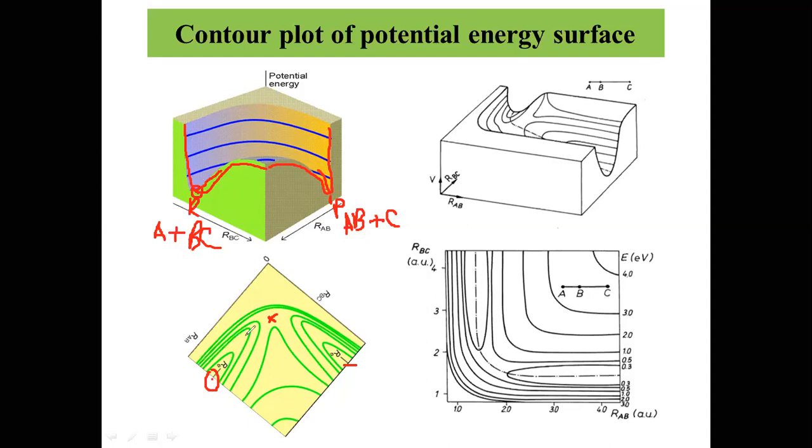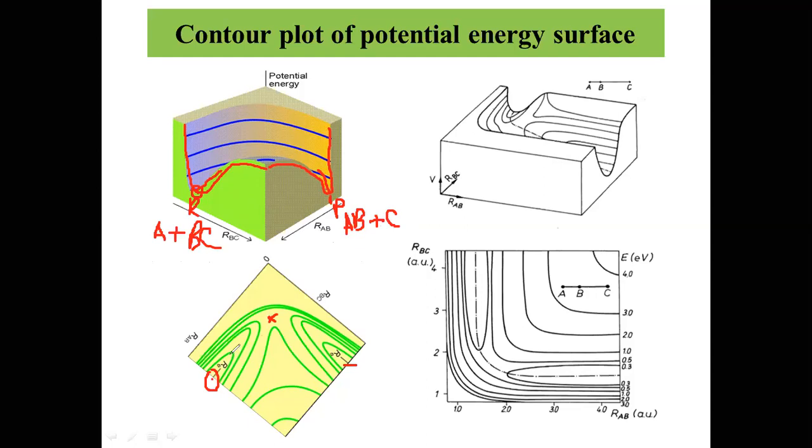The next value is the higher value, so I'm going to do somewhere here, and then again a higher one if I go this way. Similarly, in exactly the same fashion, I'm going to get this side also, because they are symmetric, because this is a thermoneutral reaction. That means reactants and products have the same energy. So this is H plus H2, this is H2 plus H, right? So that is the kind of thermoneutral reaction I am looking at.